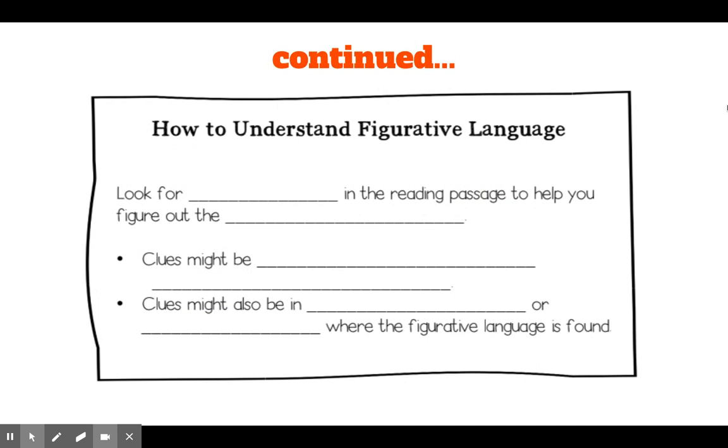So how to understand figurative language? You're going to look for clues in the reading passage to help you figure out the author's message. Oh, I copied down the twice. You don't have to write the author's message. So clues that you could look for, they might be in the sentence where the words are found.